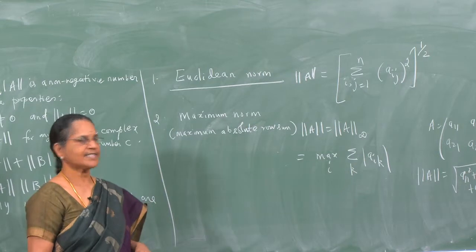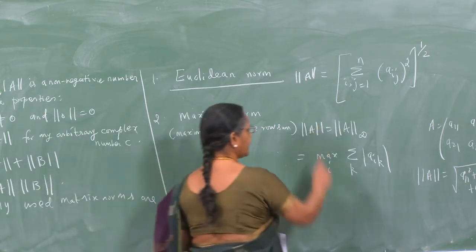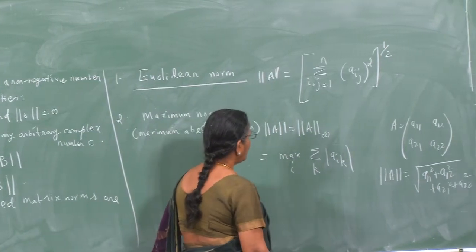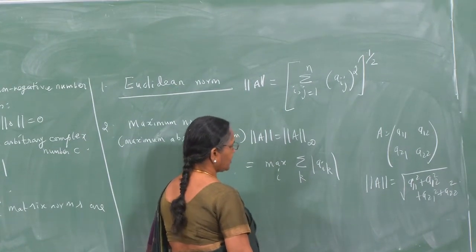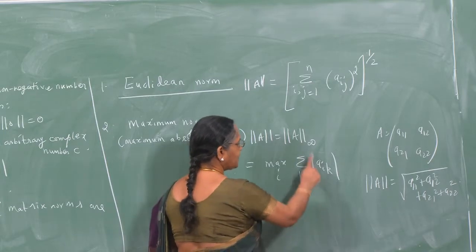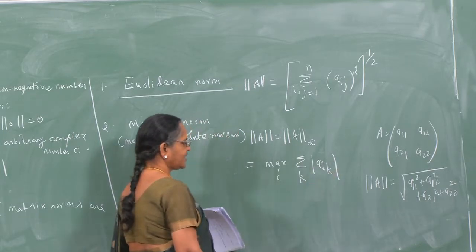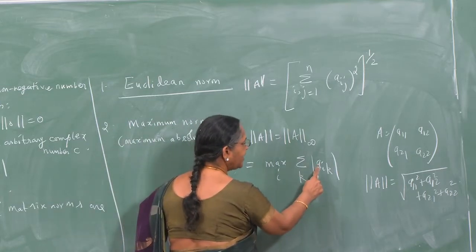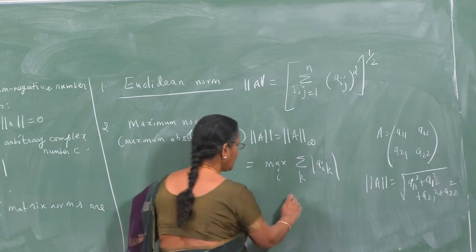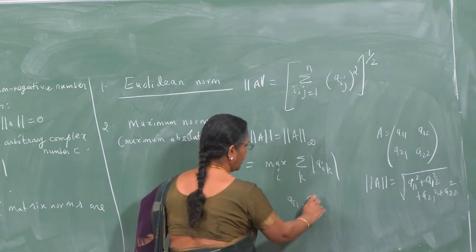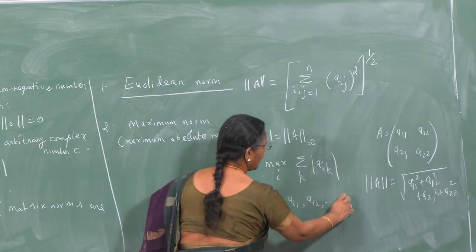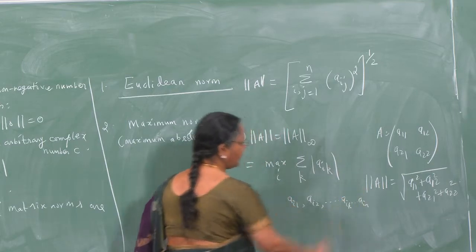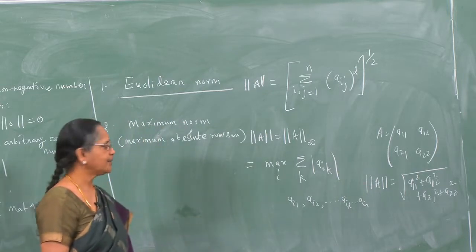So, let us try to understand this norm. What are we supposed to take? You compute the absolute value of the entries, so that in the ith row you have those entries to be a_i1, a_i2, etc., a_ik, etc., a_in, if A is an n cross n matrix.